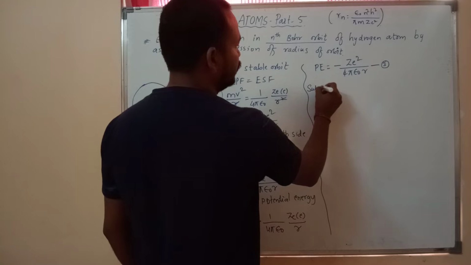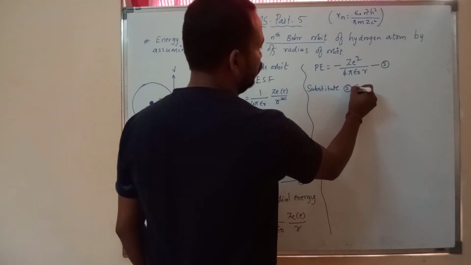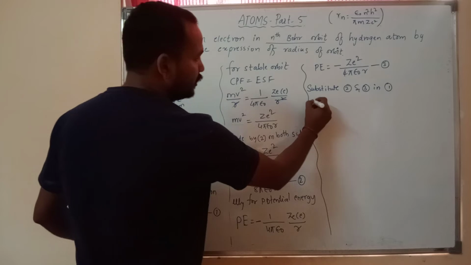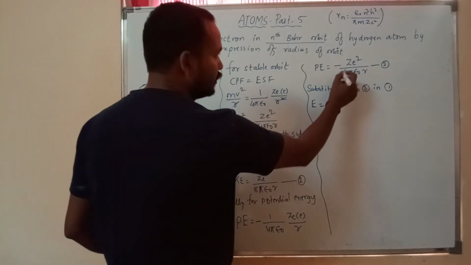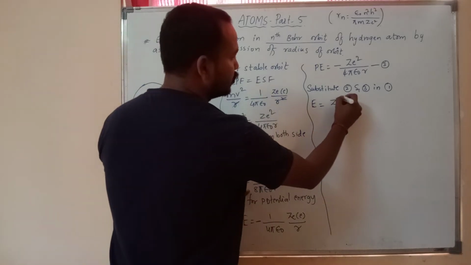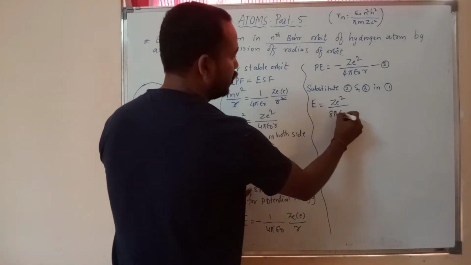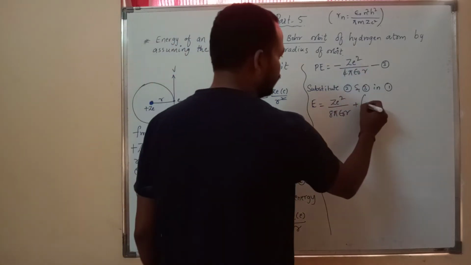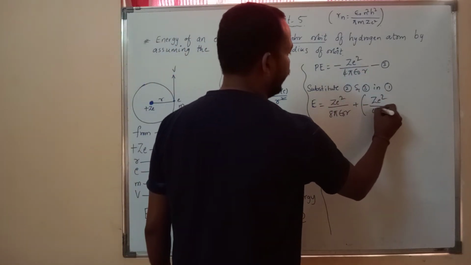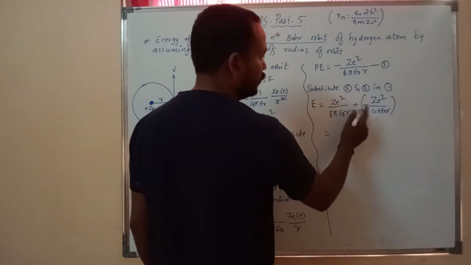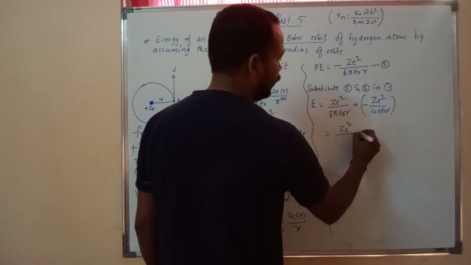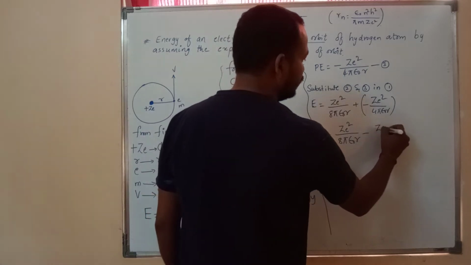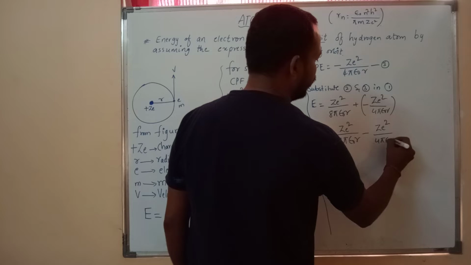Substitute equation number 2 and 3 in equation number 1, such that the total energy E is equal to kinetic energy, that is Ze square upon 8 pi epsilon naught r, plus, in bracket, minus Ze square upon 4 pi epsilon naught r.